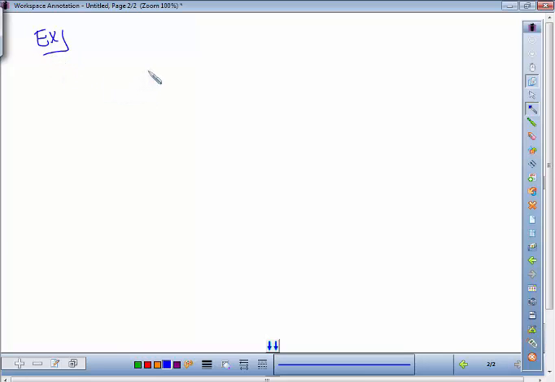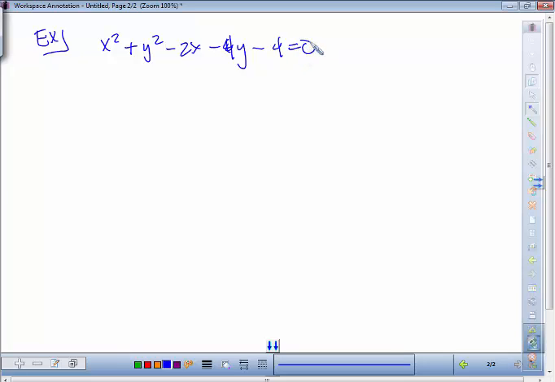Let's say you had an equation that looks like this: x squared plus y squared minus 2x minus 4y minus 4 equals 0. We only know the difference between an ellipse and a parabola at this point.